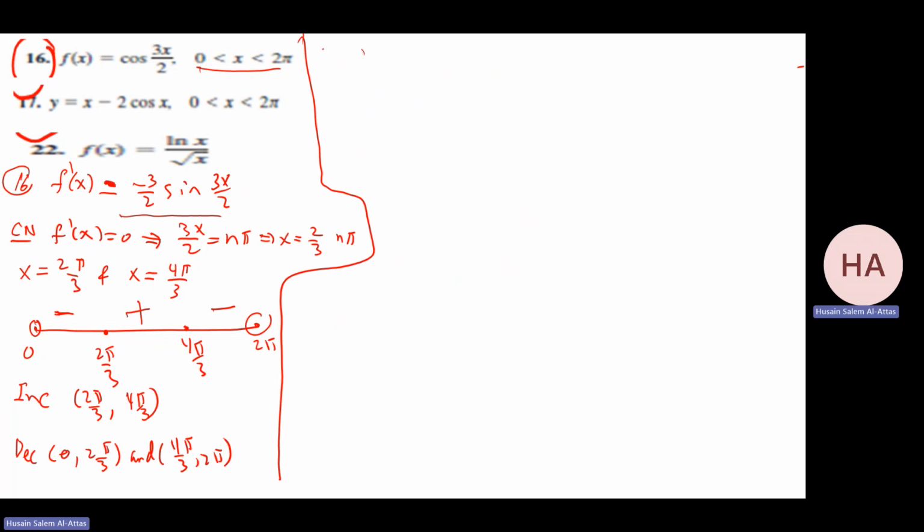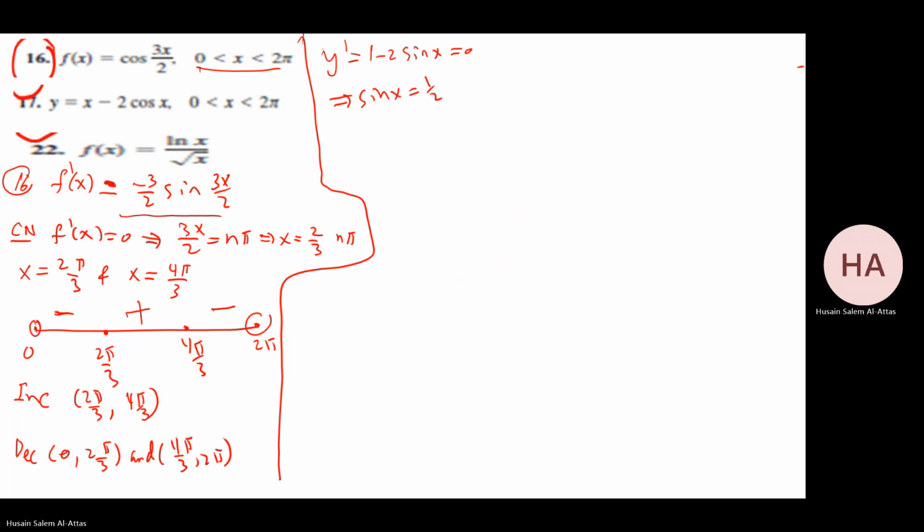Let me do the second one. He gave a specific domain. Okay. So we'll find y prime. Y prime will be what? 1 minus 2 sine x. Make it equal to 0. So I have sine x equal half.